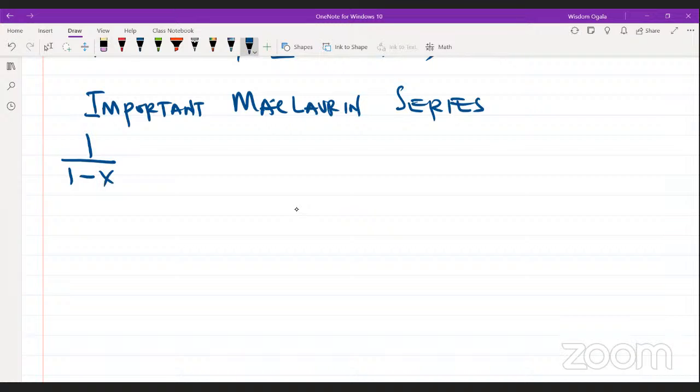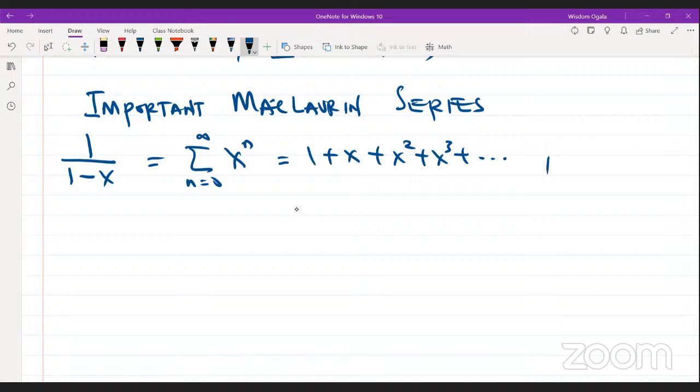By now, if you close your eyes, I hope you can write a closed form expression for this. Oh, this is excellent. And if I even want to write this out as a sum, the radius of convergence here is 1.